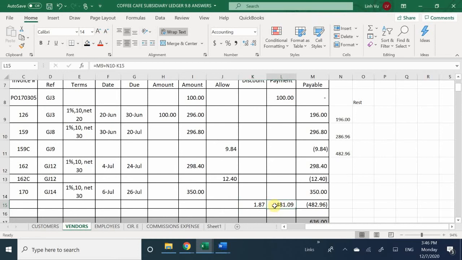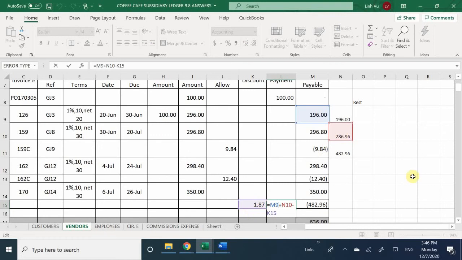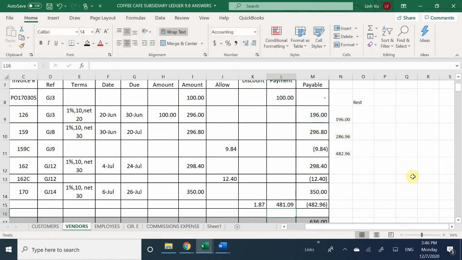So it's 481.09. Literally it's this plus this minus this. Gotcha. Okay. All right, so then the total left to pay is the 636. Yes, which is whatever these guys are.